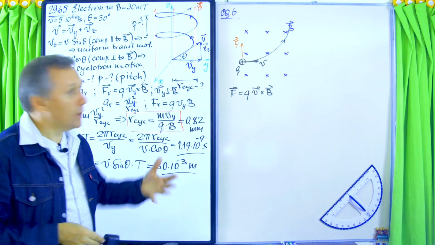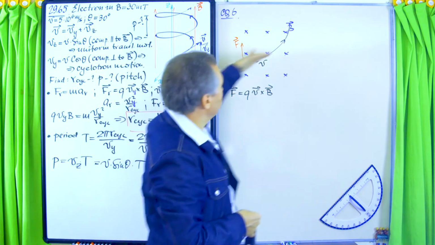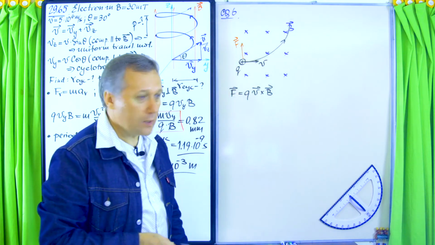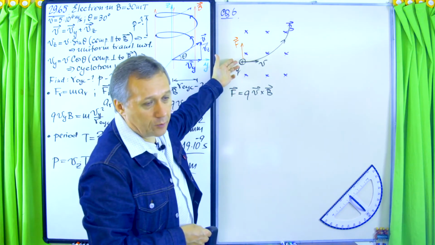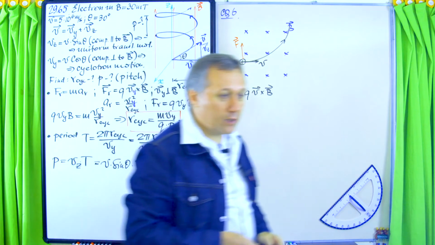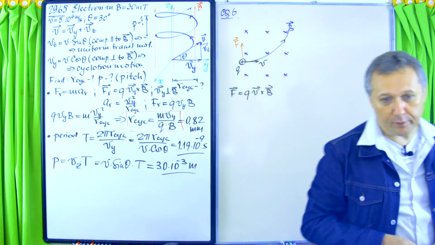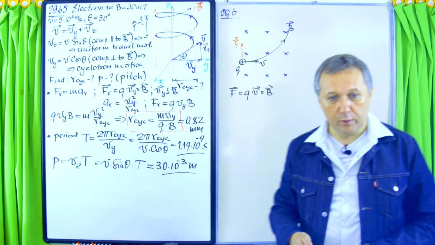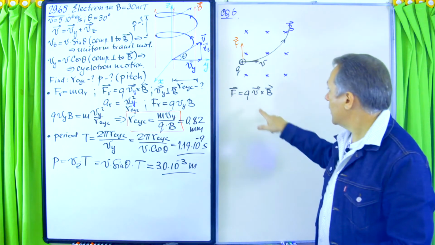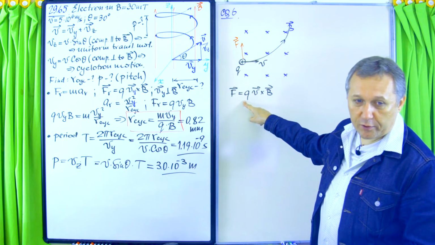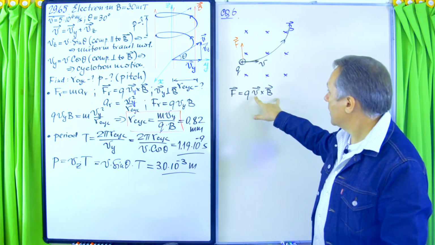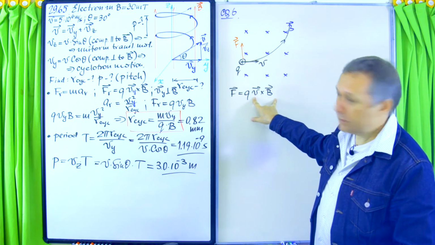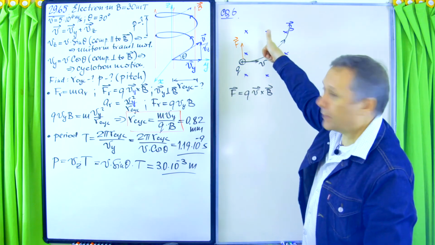Or, for example, the situation is like this: the trajectory is given, and we don't have information about the charge. We don't know if this is an electron or proton. So how can we extract that information? Like we discussed in the first half of the class, in order to find information about the charge, you just need to look carefully at the direction of V cross B. V cross B is up, right?